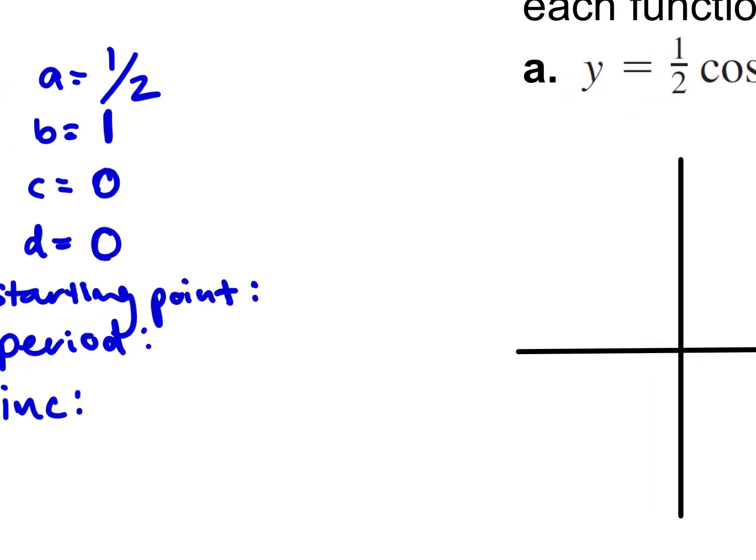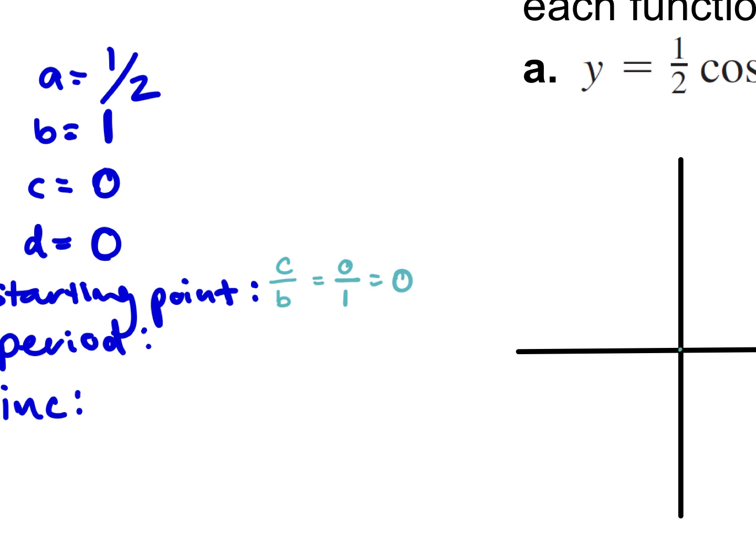Now to find our starting point is going to be C over B. What's our C? 0 over B, we said is 1. What's 0 over 1? 0. So this is going to be where we start at 0.